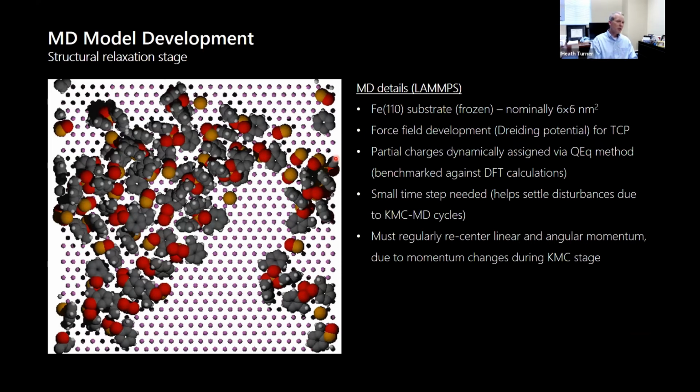You typically need a small time step for this because these systems can be unstable and they can blow up, so you have to be a little bit careful. Also, because you're adding molecules to the system, you have to recenter the linear and angular momentum in the MD systems, because you will get very, very slight changes in your system when you add or take off different products from the surface.